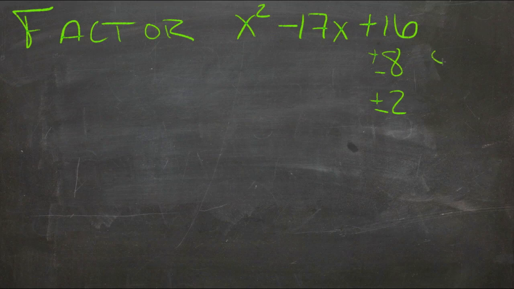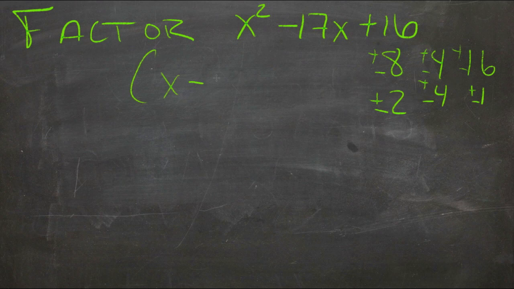Could be 4 and 4, again, positive, positive, or negative, negative. Could be 16 and 1, positive, positive, negative, negative. And it looks like that's probably it right there, because 1 times 16 is 16, and if we did negative times negative, we'd still get a positive 16, but negative 1 and negative 16 add to be negative 17.